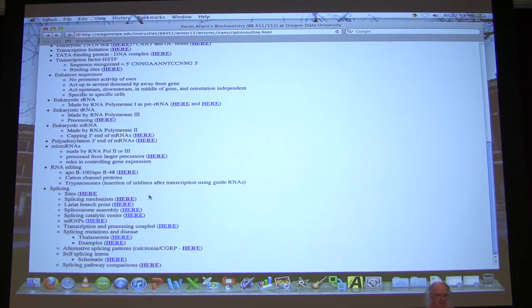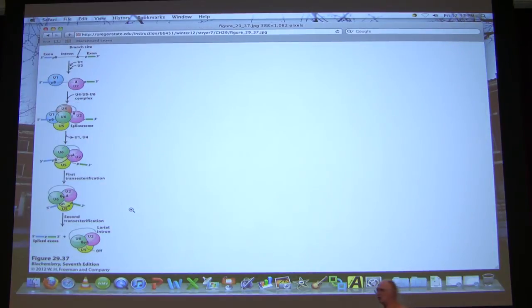Okay. Now, let's see. There's a term that you should be familiar with, and that term is a spliceosome. S-P-L-I-C-E-O-S-O-M-E. Spliceosomes are complexes that perform the splicing.